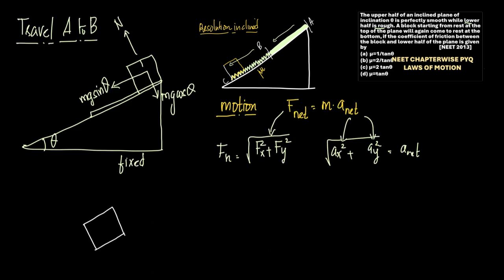See, this is the object present here. The vertical component is N, acting upwards, and the other acting downward is mg cos theta. So if we write down sigma Fy, what do we have? Sigma Fy would be N minus mg cos theta.